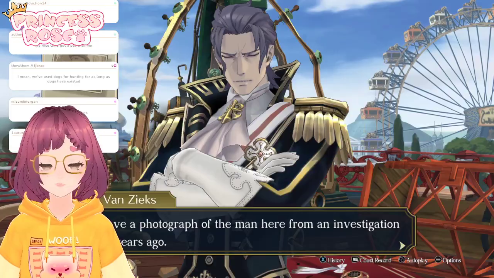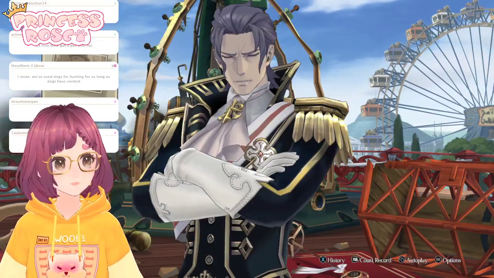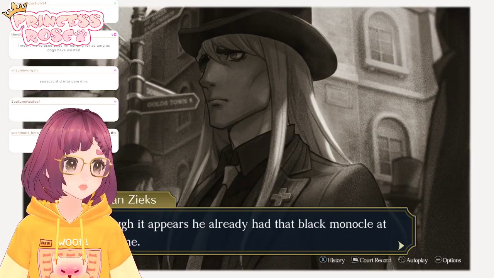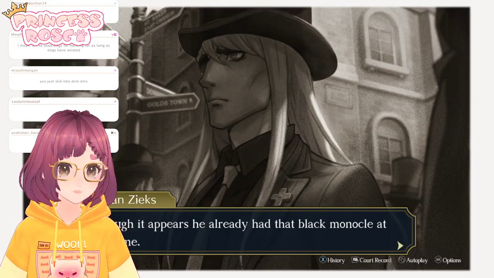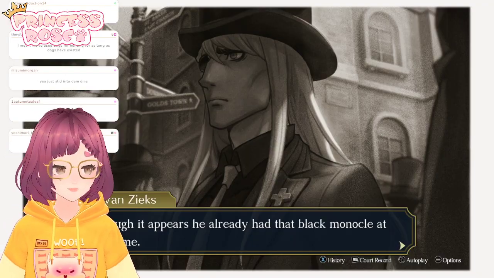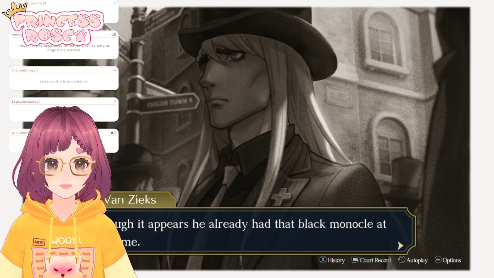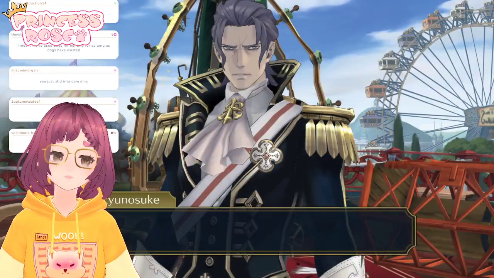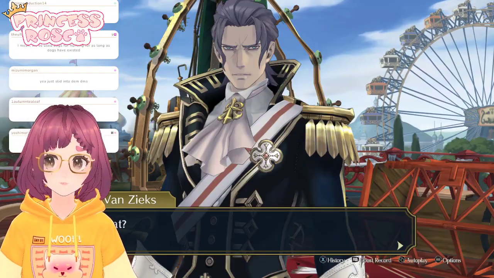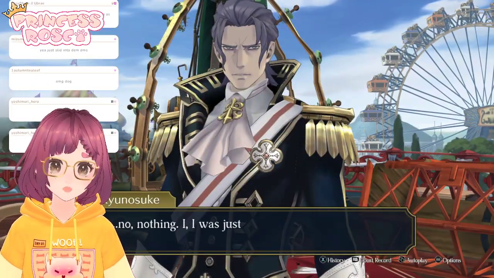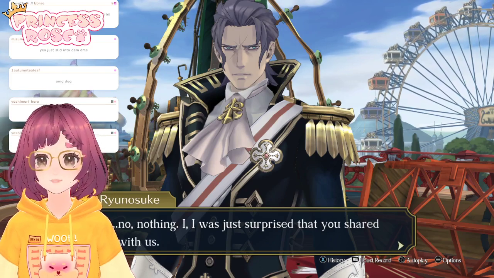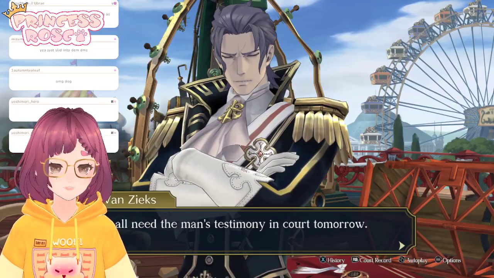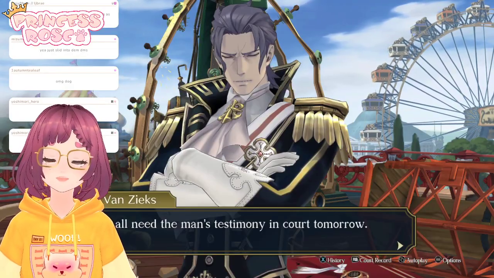I have a photograph of the man here from an investigation 10 years ago. Ah, I see. Yoshimori, hello! Why not? What's a why not? Hello, welcome in, how are you? Good evening. Though it appears he already had that black monocle at the time. What? Oh, no, nothing. I was just surprised that you shared that with us. Pre-Evo of Wobbuffet. I feel like I'm kind of picturing it.